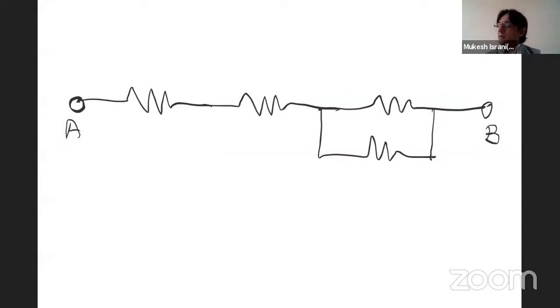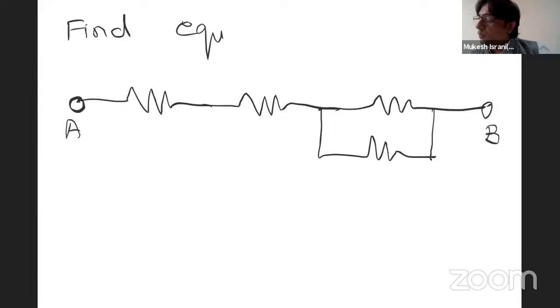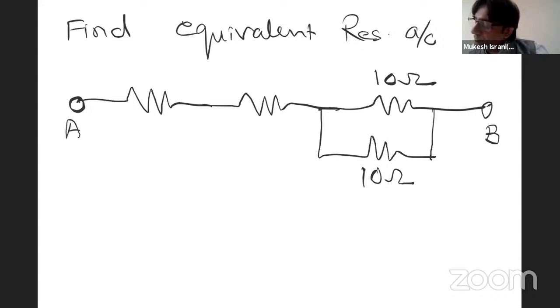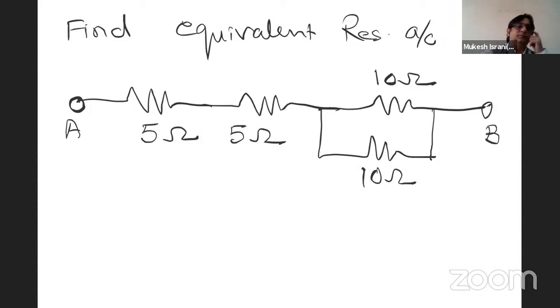The question will be: find the equivalent resistance across points AB, and I'll keep the values as 10 ohm, 10 ohm, 5 ohm and 5 ohm.